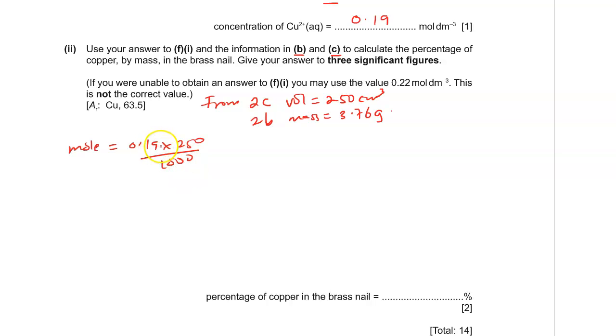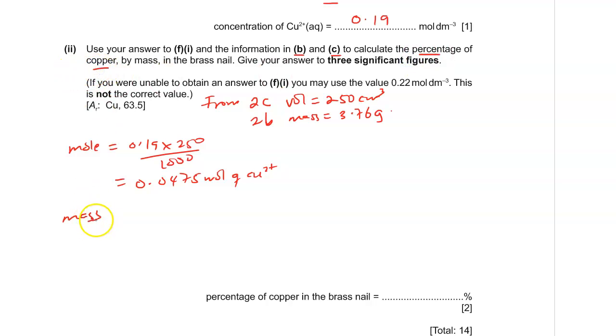That is the number of moles of copper ions, which is 0.0475 moles of copper ions. So you're supposed to calculate the percentage of copper by mass.